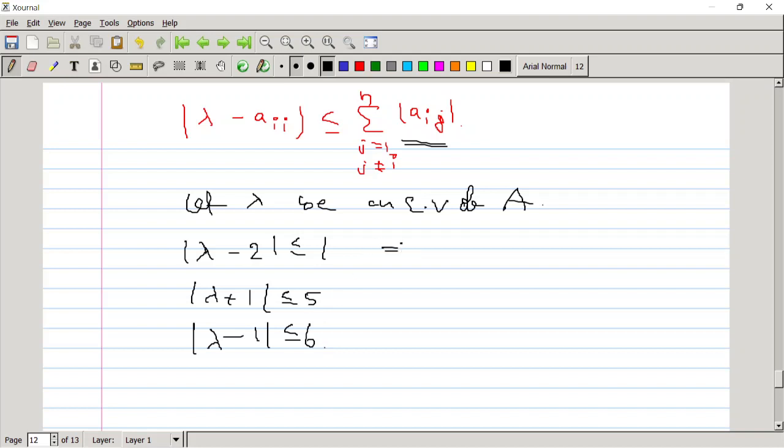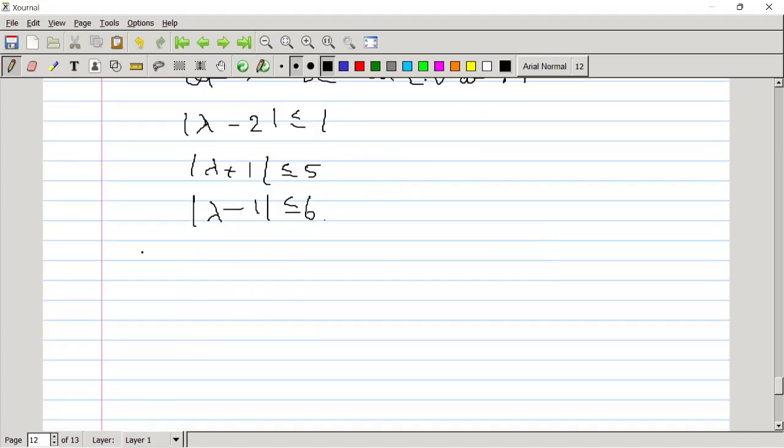So by this we can say minus 1 is less than or equal to lambda minus 2, which is less than or equal to 1. That implies we have to add 2 on all three sides. If we add 2 we get 1 less than or equal to lambda less than or equal to 3.